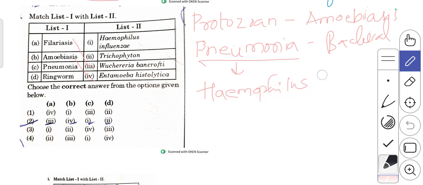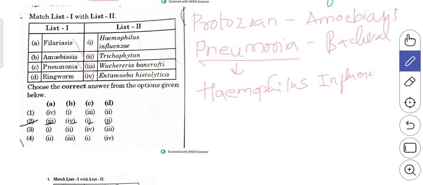The other one is Streptococcus pneumoniae. So pneumonia is caused by Haemophilus influenzae and Streptococcus pneumoniae.